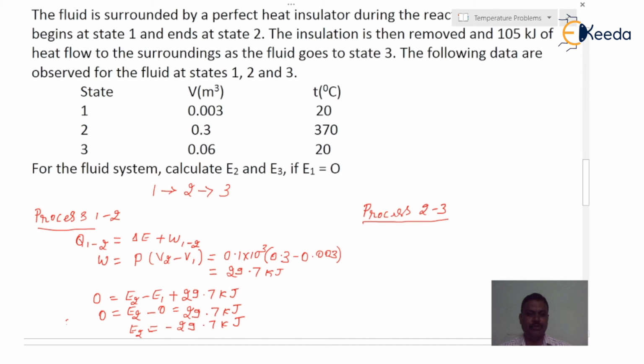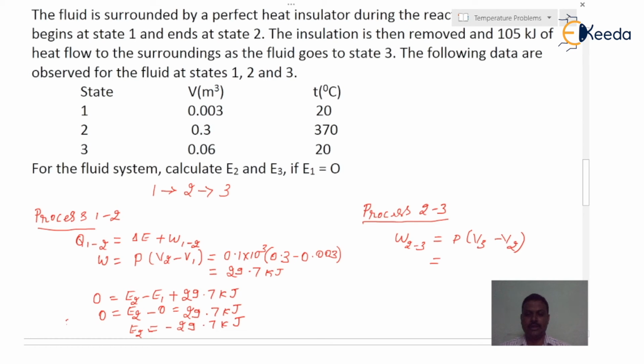So let us see what the work done in process 2 to 3 is. Once again it is also taking place at constant pressure. So W2 to 3 equals P into V3 minus V2.